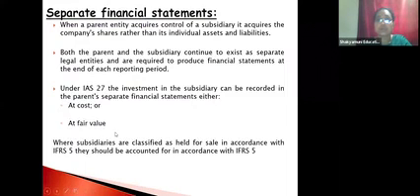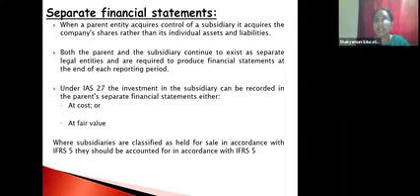So separate financial statements are required to be prepared by the parent and subsidiary without considering consolidation, right? See the second point: both the parent and the subsidiary continue to exist as separate legal entities, because they are separate companies, incorporated separately.